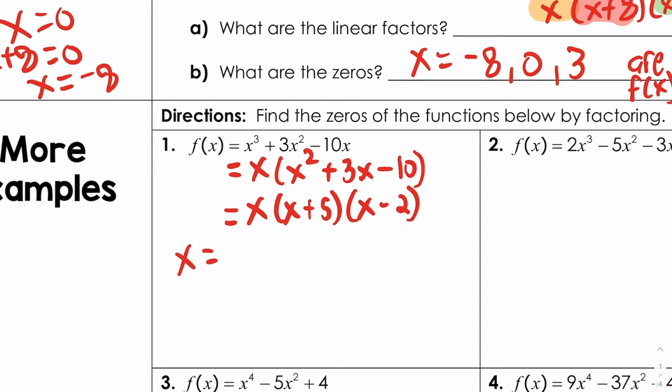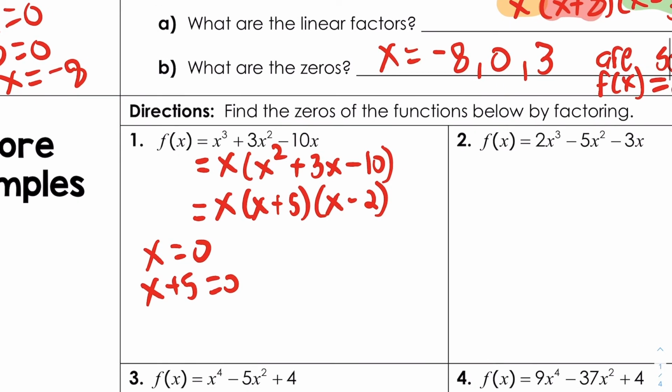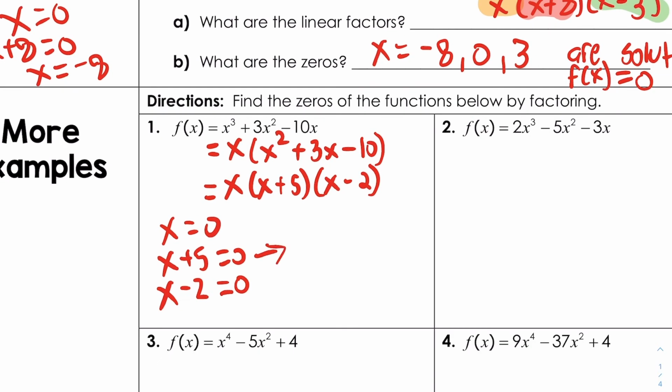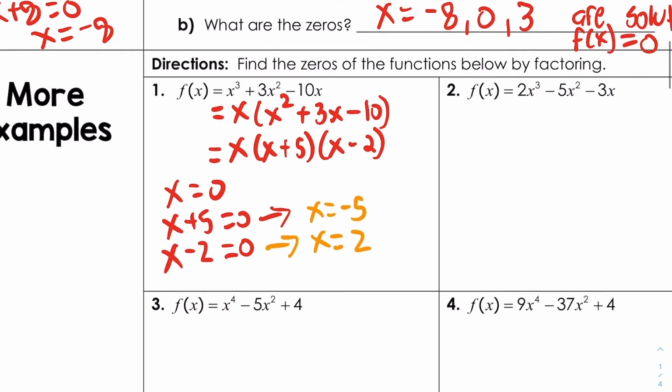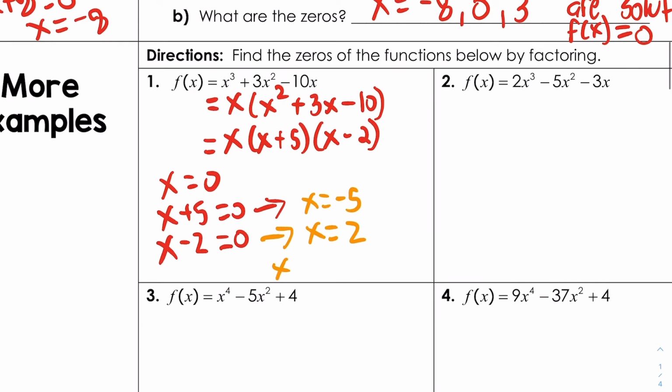If we take these factors and set them equal to 0, then we'll get the x-intercepts. And the x-intercepts we get are from least to greatest, -5, 0, and 2.